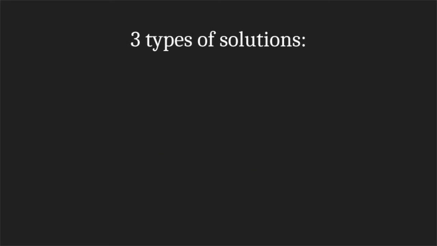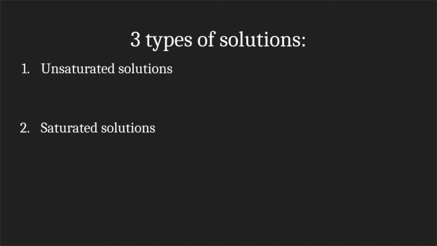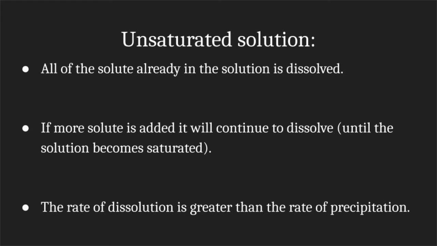There are three types of solutions that we're going to go over in this video. The first is an unsaturated solution, the second is a saturated solution, and then the third is a supersaturated solution. So firstly, let's talk about unsaturated solutions. In an unsaturated solution, all of the solute already in the solution is dissolved, and if we add more solute, it will continue to dissolve until the solution becomes saturated.